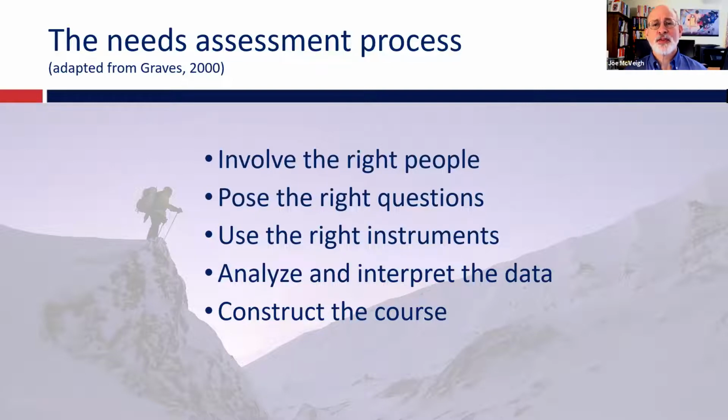Secondly, once you have those people, you want to pose or ask them the right questions. In order to ask those questions, you want to use the right instruments. And by instruments here, we mean methods or techniques to get at the information. Once we have that information, then we want to analyze and interpret the data, and then we'll be ready to go ahead and construct the course.